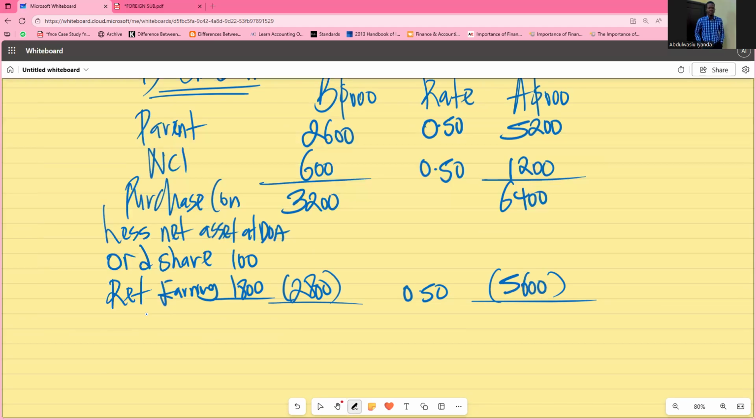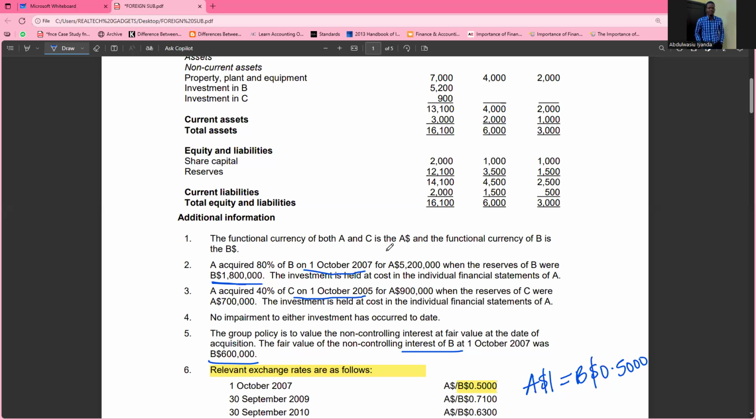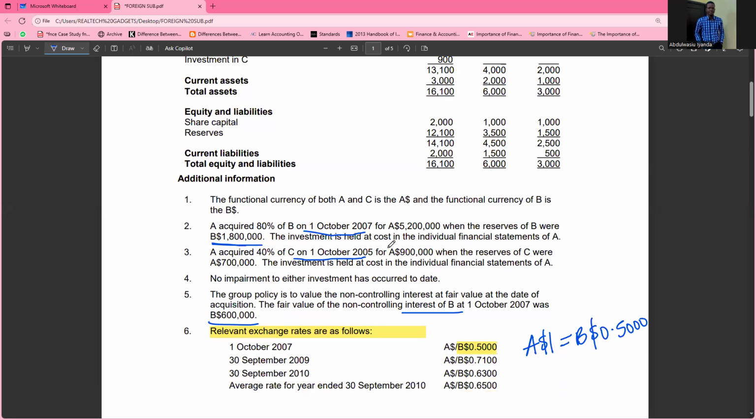So these and this, that should be 400. This and this, that should be 800. Now, you need to do something. What you need to do now is check whether there's an impairment. Let's say no impairment to either investment has occurred. So that's cool.